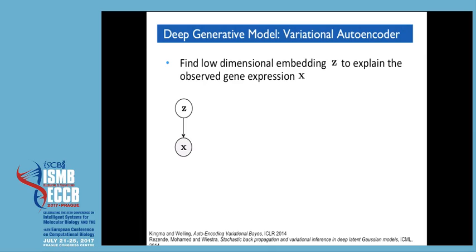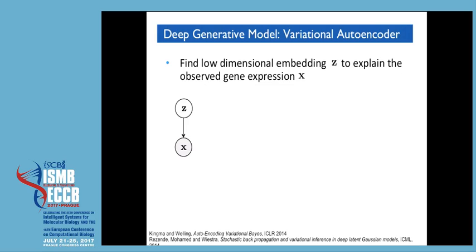I'll show you an example of how we can use the variational autoencoder just as a latent model for gene expression, and then after a few slides, I'll show you how we can extend it to model those perturbations.